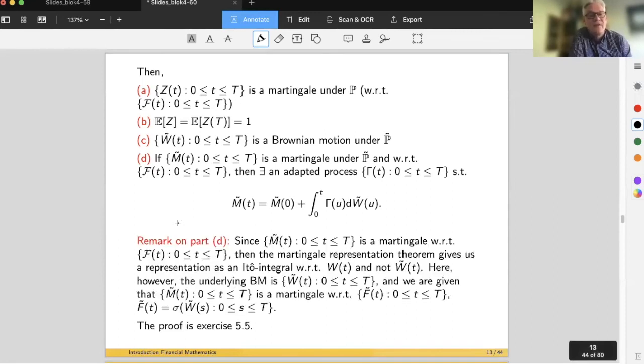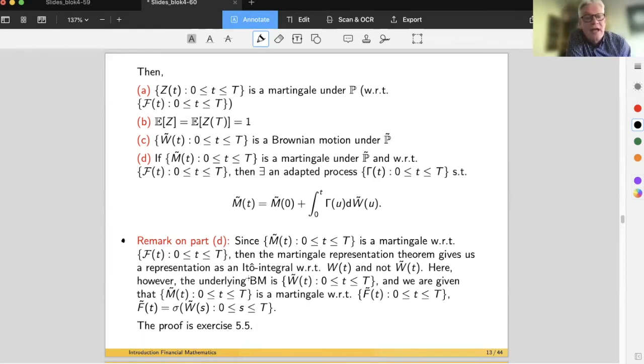So let me give a remark on this part D to specify it a bit more clearly. Since M tilde t is a martingale with respect to F, then the Martingale representation theorem gives us a representation as an Ito integral with respect to W and not with respect to W tilde t.